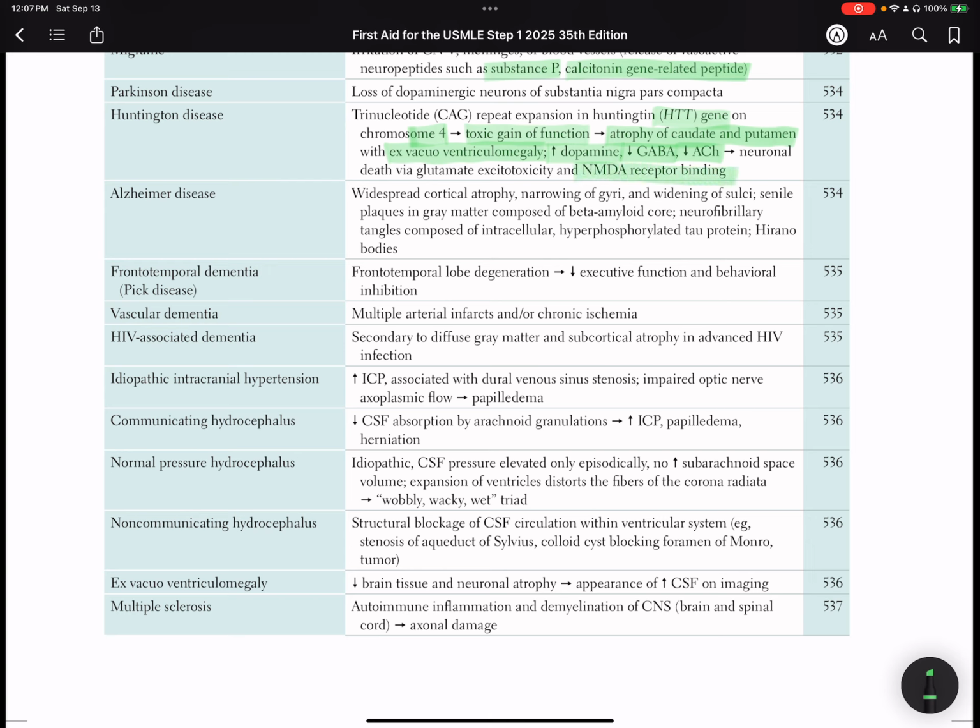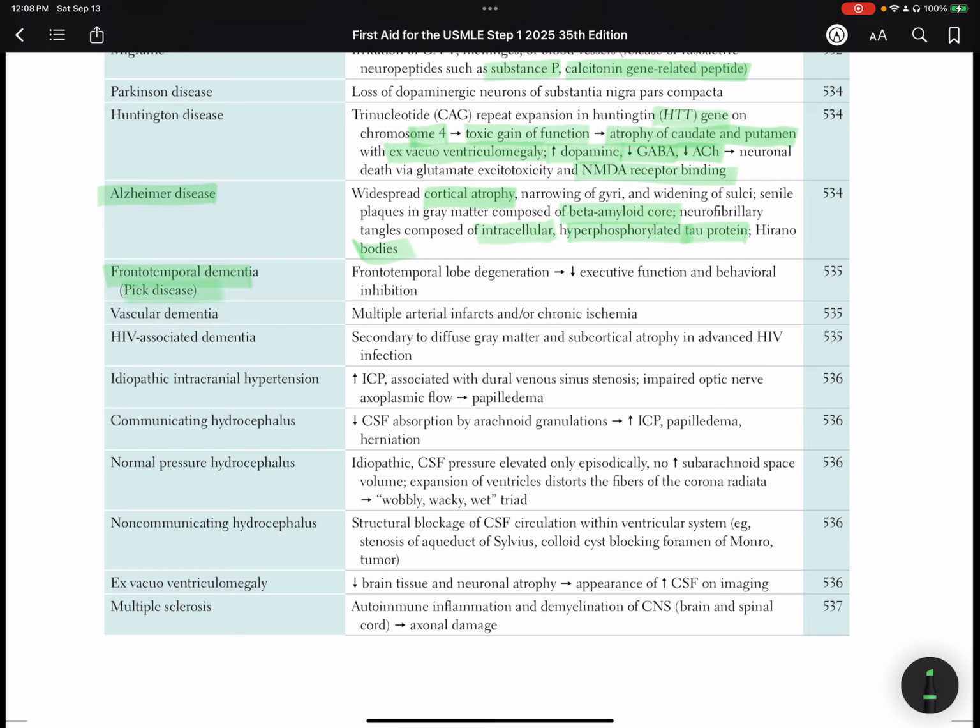What causes Alzheimer disease? Widespread cortical atrophy, narrowing of gyri and widening of sulci, senile plaques in gray matter composed of a beta amyloid core, neurofibrillary tangles composed of intracellular hyperphosphorylated tau protein, and Hirano bodies. What causes frontotemporal dementia, Pick's disease?